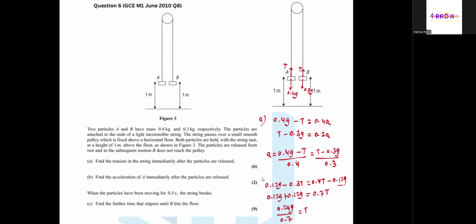So when particle A comes down for 0.5 seconds, particle B goes up, and immediately at this point, the string breaks, which is a similar case to the slack in the pulley, meaning the connection of the string is broken. It is cut now. After the string is cut, particle B will freely fall on the horizontal surface, it will come down freely under the motion of gravity.